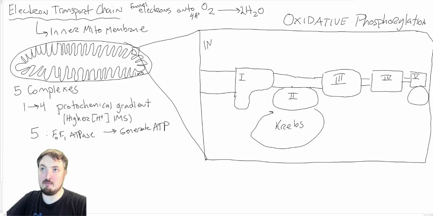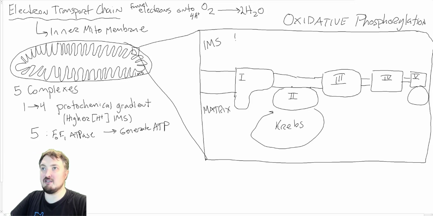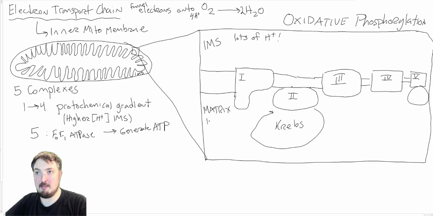Remember, out here is our intermembrane space, and inside is our matrix. A big part of what these complexes are doing is trying to generate that proton chemical gradient, where we have lots of H plus out here and less H plus on the inside. We're going to see a number of these complexes working to generate that gradient.